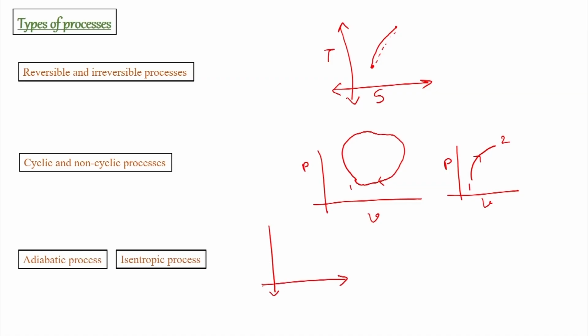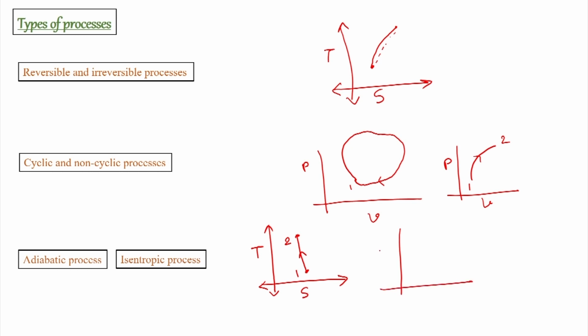If we try to plot a TS diagram for an isentropic process, then the TS diagram becomes vertical. If we are at state 1, then we will go to state 2 with constant entropy. So, it becomes a straight vertical line.